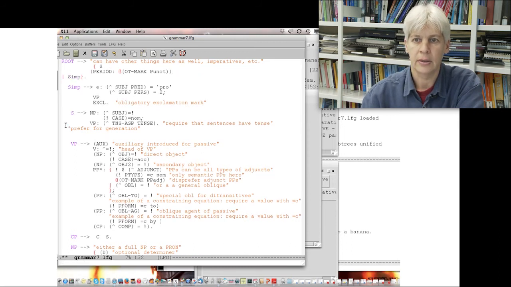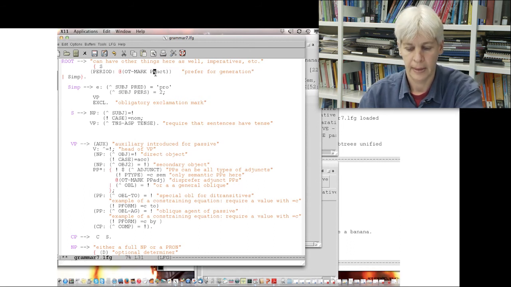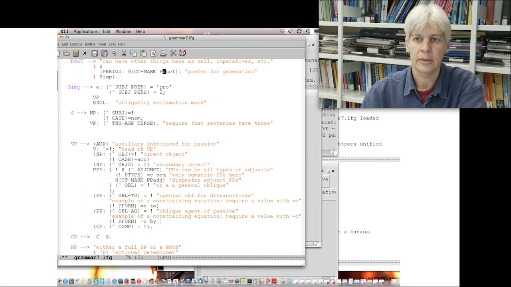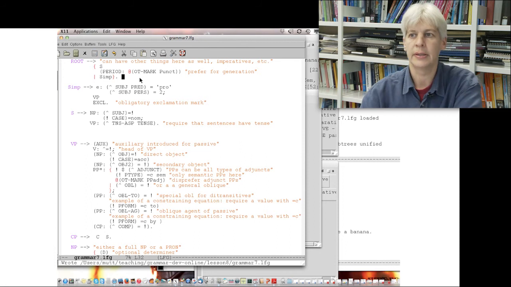And we add an OT mark because when we generate, we would like this period to be there for sure. When we parse, it can be there optionally. Okay, escape Q to make sure it's the right thing. Yep. Okay, so now it should only appear once.